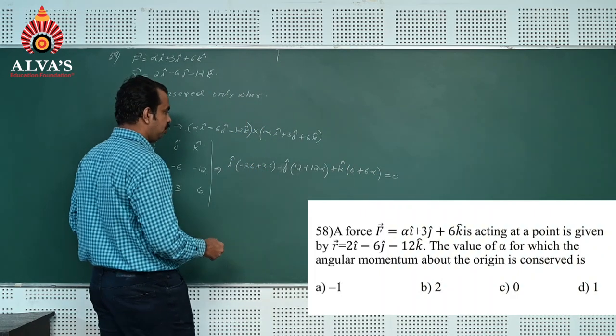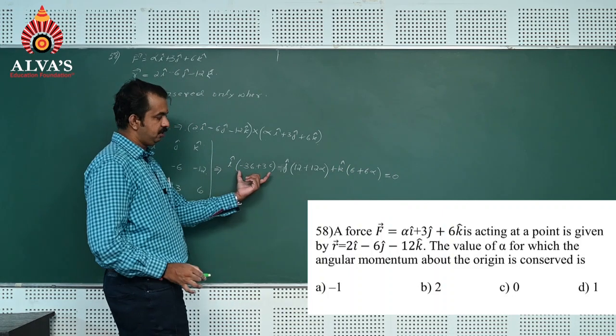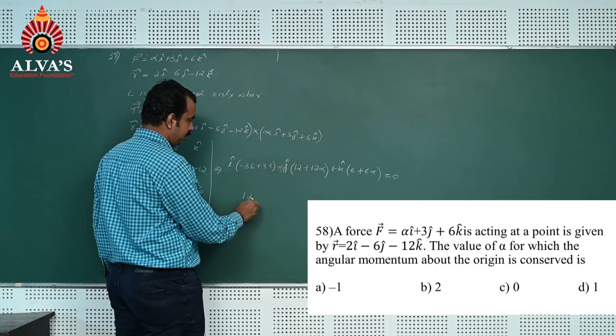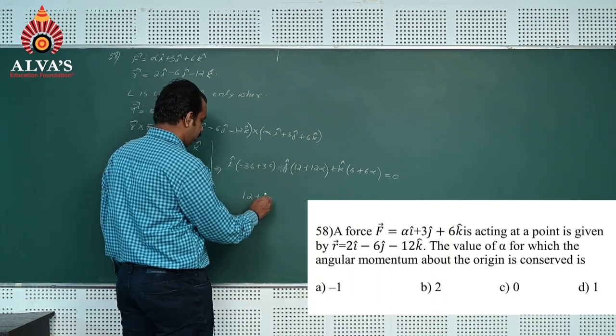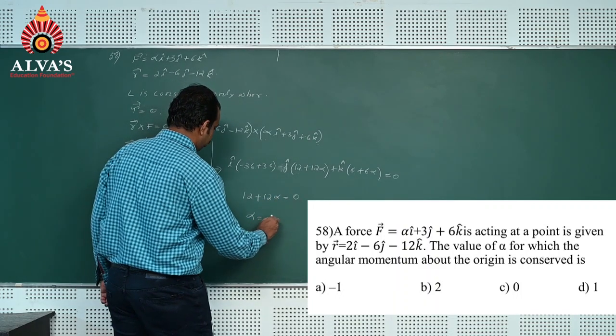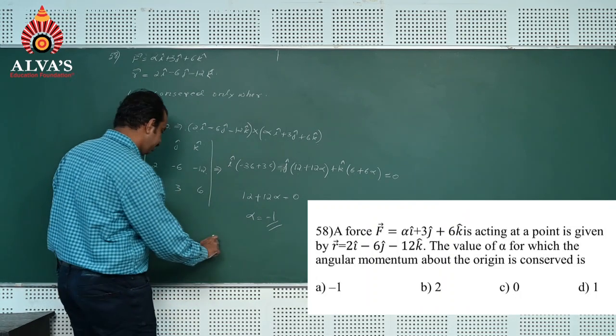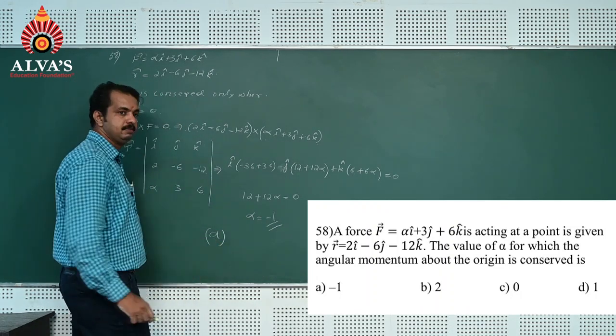This equation is 0 only when each term is 0. Anyhow, the other terms are 0, so 12 plus 12 alpha is equal to 0. That means alpha is equal to minus 1. Minus 1 is the correct answer, which means option A is the correct choice.